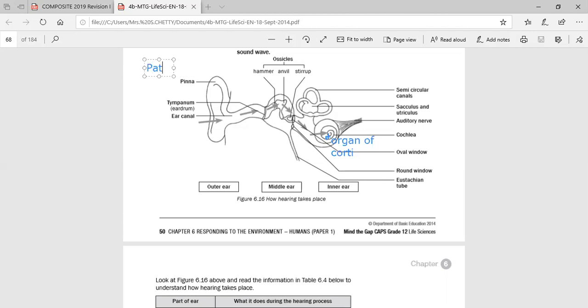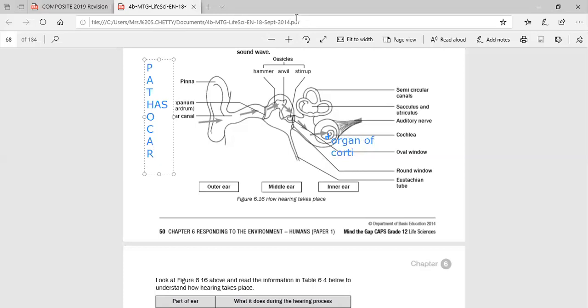Pat has O-car. Pat, P, A, T, H, A, S. Pat has O-car.